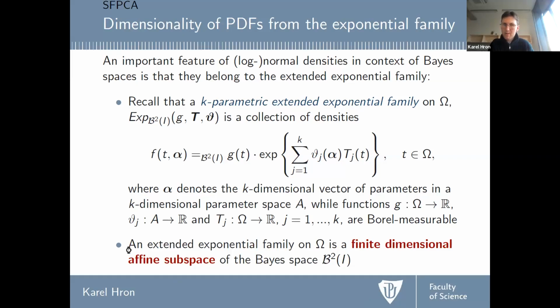Okay, so what is important in our context then is that an extended exponential family on omega, so on the domain, is a finite dimensional affine subspace of the Bayes space. So it means that while in general, of course, the Bayes space is infinite dimensional, if we consider densities coming from the exponential family, we can represent them in a finite dimensional subspace.